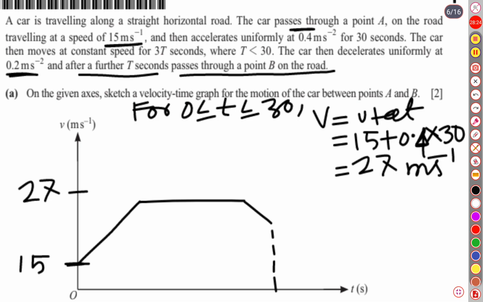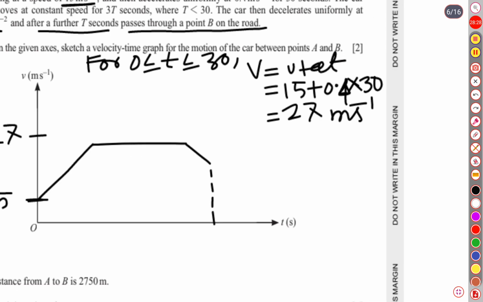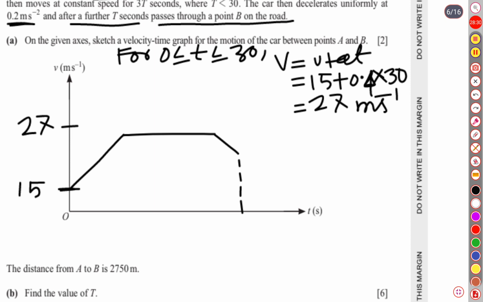Well, now let us write the time. Here it is going to be 30. For the first 30 seconds the acceleration was 0.4, and then here for 3t, let it be 3t. So here it is 30 plus 3t.